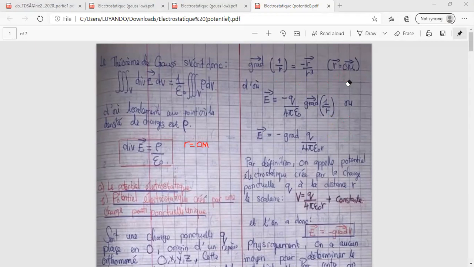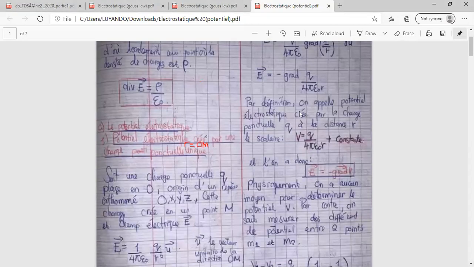Okay, so after we have known this, we're going to say that if our V is equal to this, and we've established that our E is equal to negative grad of Q over this, where there is V, we can put our V if our constant is equal to 0. So, on a donc, E is equal to negative grad of V. So in this case, our constant is equal to 0, meaning V is equal to Q over 4 pi epsilon 0 r, and we have our E is equal to this.